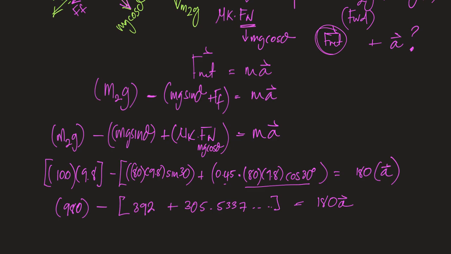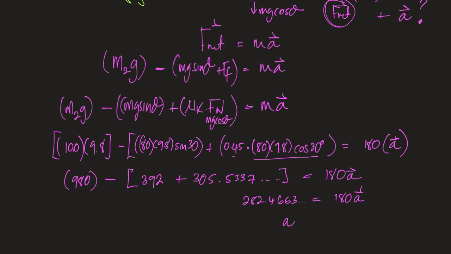Now I'm left with 980 minus this bigger bracket here, and I've got 282.4663, which is equal to 180 acceleration. Divide both sides by 180, and I'm left with an acceleration which is equal to 1.57 meters per second squared, in the direction of motion.